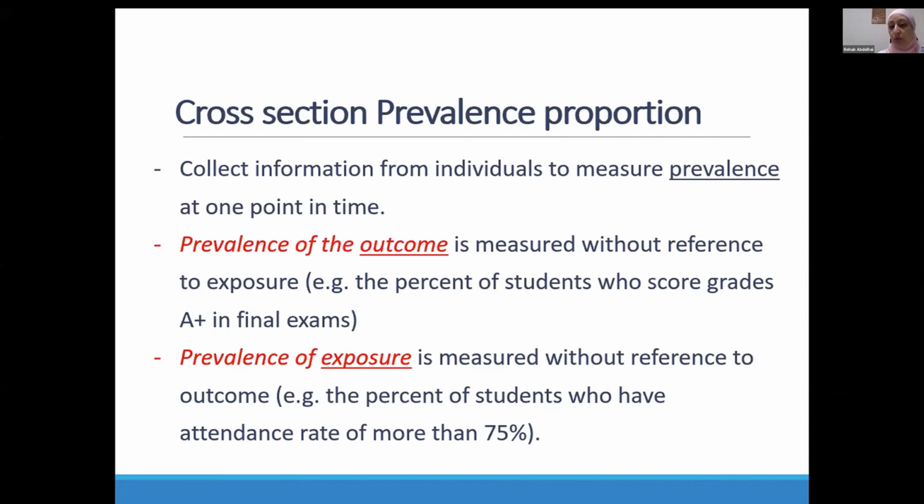Or I could be interested in the prevalence of exposure. So I could measure the percent of students who have attendance rates more than 75%. So it could be about exposure or the prevalence of outcome depending on what I'm looking for. And I can get them both out of a cross-sectional study.